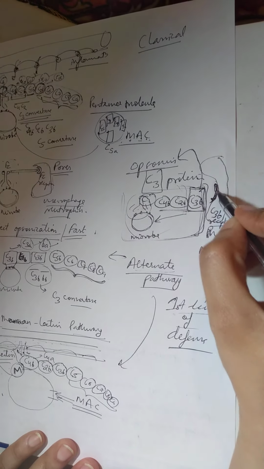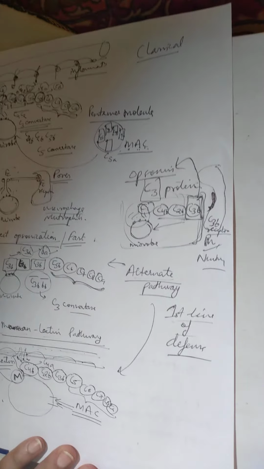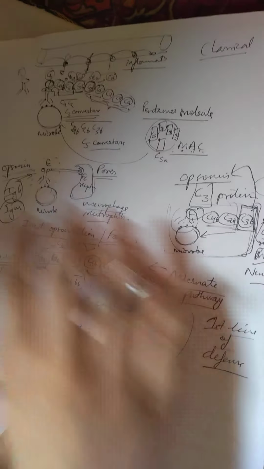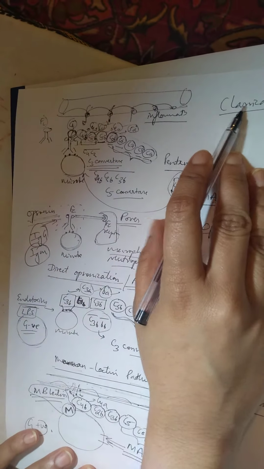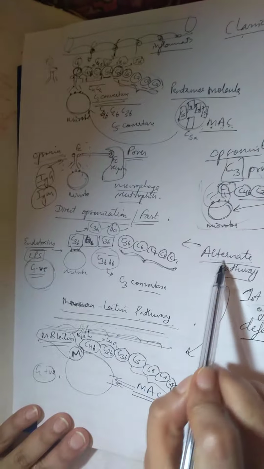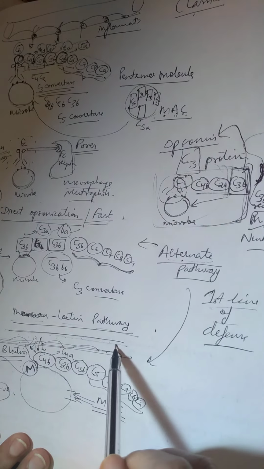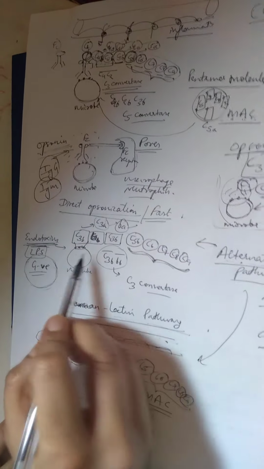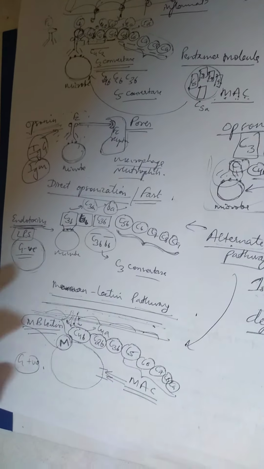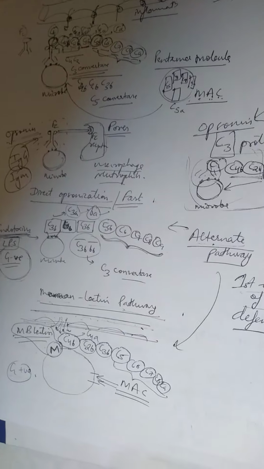On the phagocytic cell, which can be either macrophage or neutrophils. So we can see in this picture so far that the classical pathway is involving the antibodies. And the alternate pathway is again of two types. There is the endotoxin involved pathway, which has no antibodies involved, and the mannan-lectin pathway.